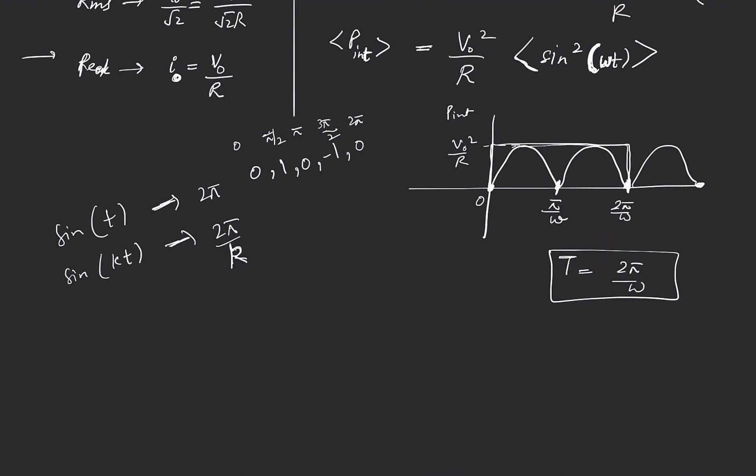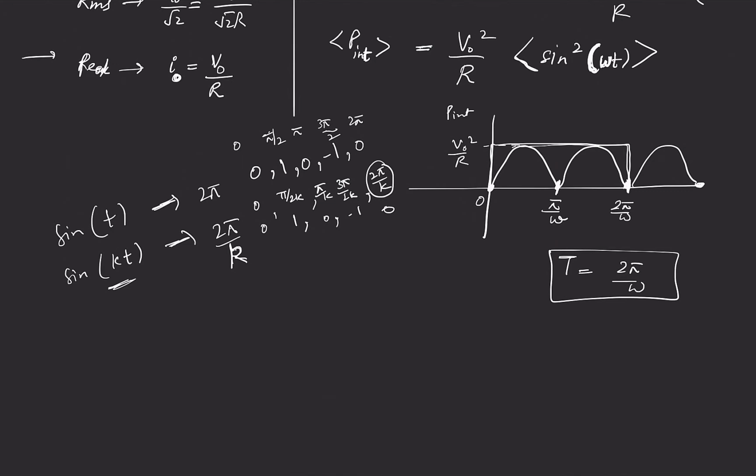Here at 0 the value will be 0, and at pi by 2k the value would be 1. You can try putting pi by 2k here: that's k into pi by 2k, so k cancels out, and sin pi/2 is 1. Similarly at pi by k the value would be 0, at 3 pi by 2k the value would be minus 1, and at 2 pi by k the value would be 0. So after 2 pi by k the cycle for this function completes.